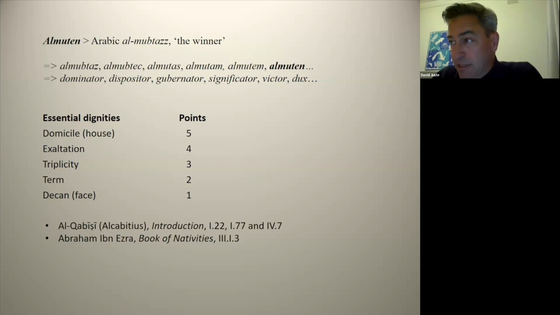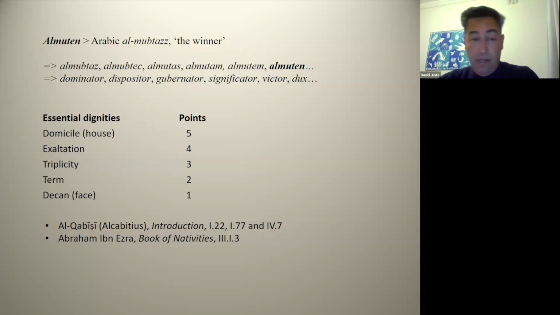Funnily enough, it's not easy to find a very clear and complete account, a definition of the Almuten in medieval sources. In most cases, it is supposed to be known and understood, but you will find two excellent accounts in the introduction of Alcabitius, sections 122, 127, and 47, or in the Book of Nativities by Abraham ibn Ezra, section 313.